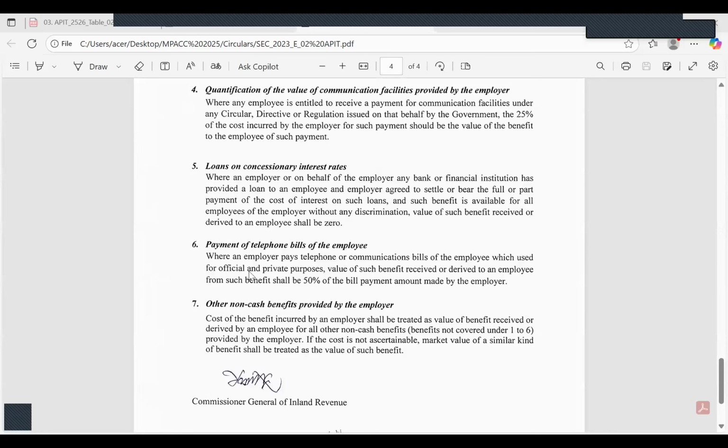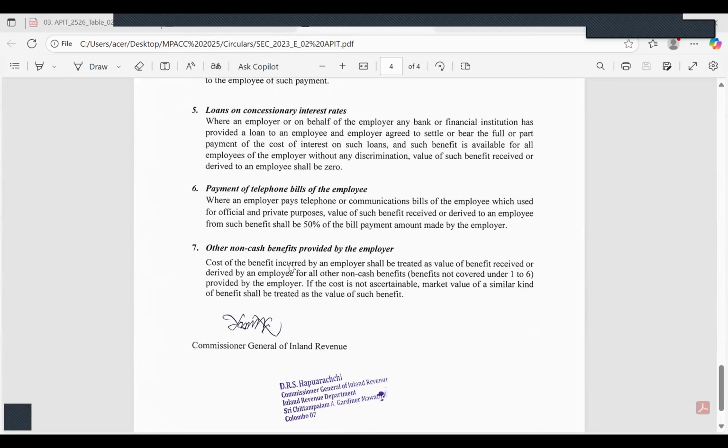So payment of telephone bills of the employee, where the employer pays telephone or communication bills. That means bills are paid by the employer. At that time, only 50% should be considered as a benefit, not the total 100%. That means only 50% of the bill payment amount is considered as a benefit.